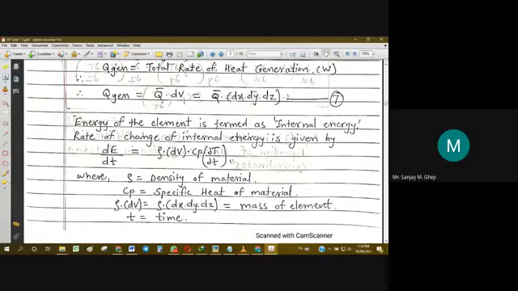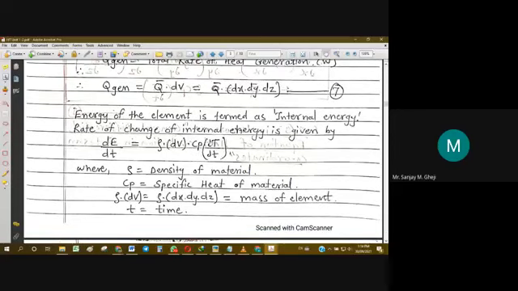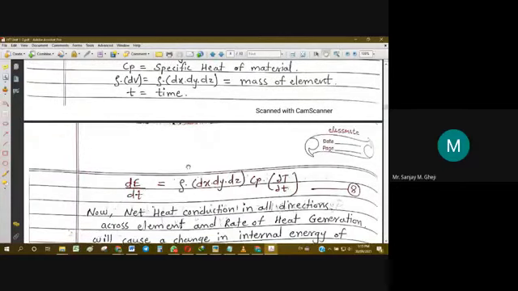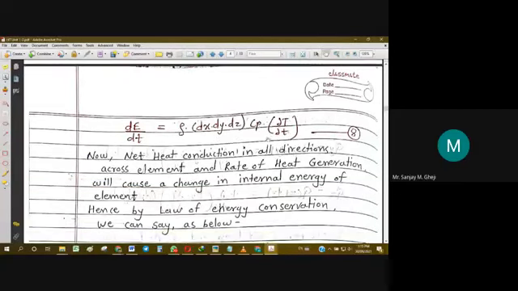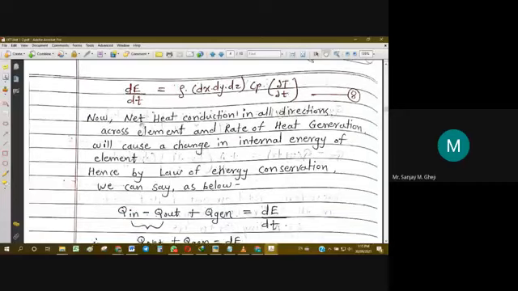So mass is split like this: rho into dV into Cp, the specific heat of the material, into del T by del t, that is the rate of change of temperature with respect to time t. With this we can write dE by dt equal to rho dx dy dz into Cp into del T by del t. Equation number 8.